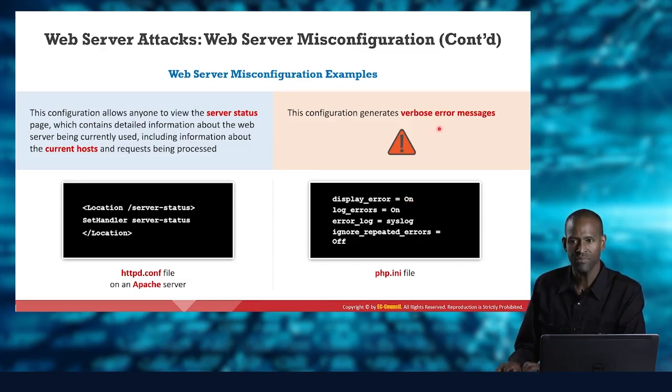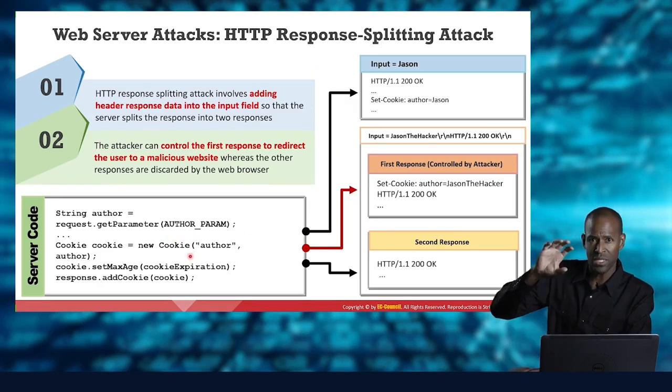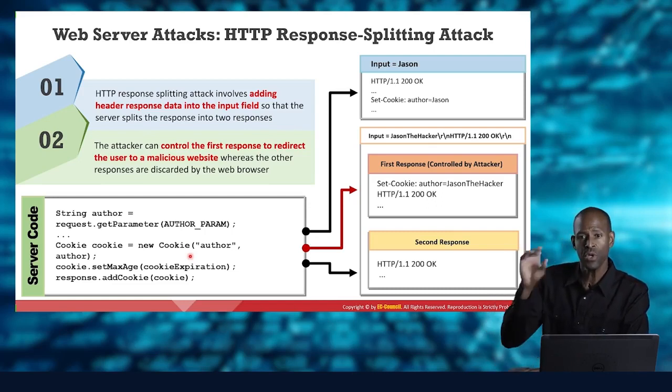That's another issue. In terms of web server attacks, another one that's pretty bad is an HTTP response splitting attack. With this one, a header is added to the response data. You could use something like Burp Suite to edit the response data, adding in a header, and that splits the response data into two fields so that the server splits the response into two responses.